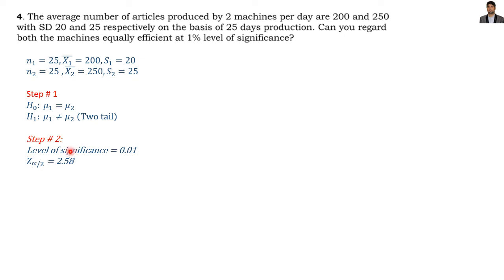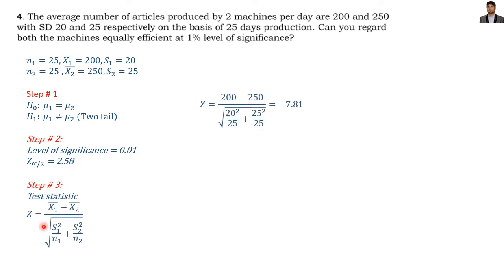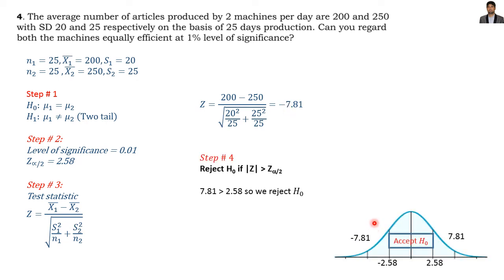Step number 2, level of significance is 0.01 and equals 2.58 from the z distribution table. Step number 3, test statistic. Put here all the values. Since we don't have the standard deviation of the population, we'll get minus 7.81. So graphically 2.58, two-tail test, minus 2.58 and plus 2.58.